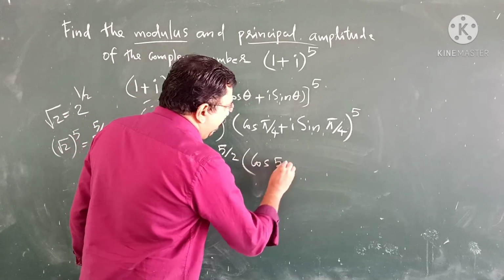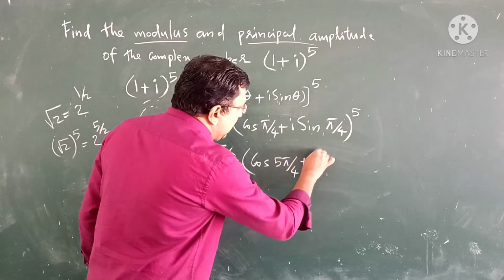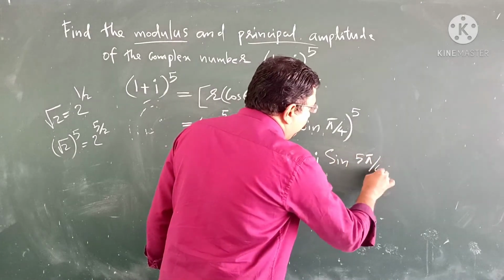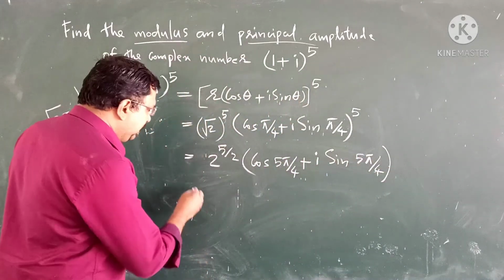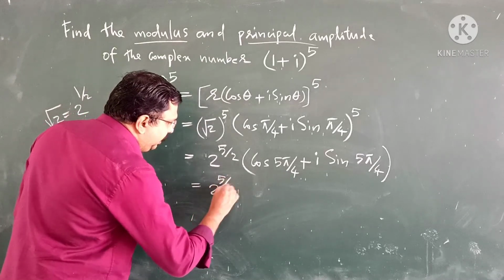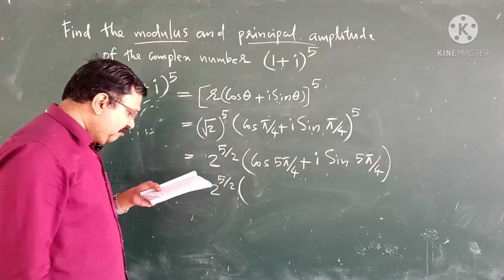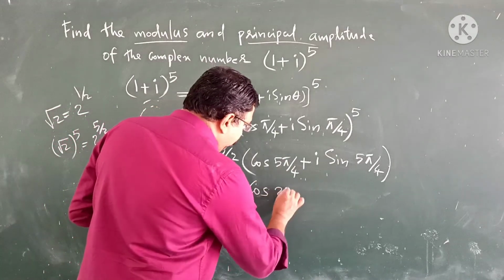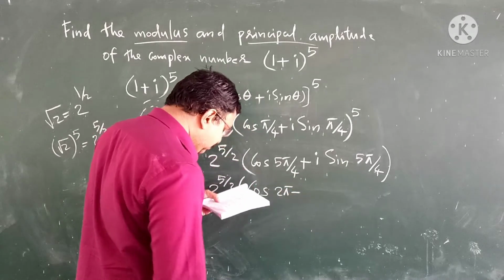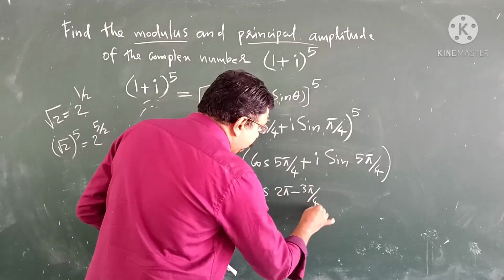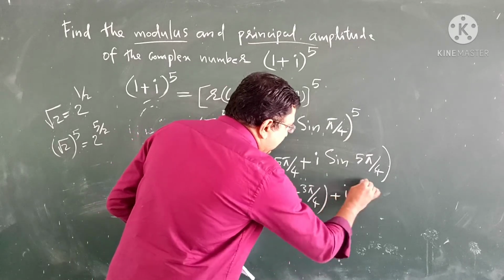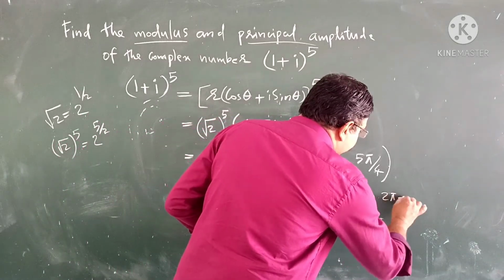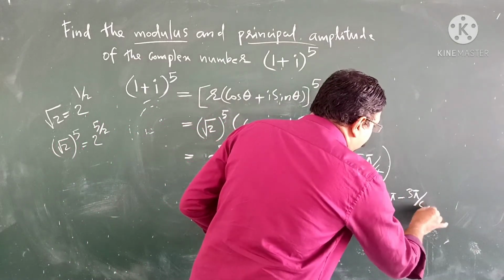cos 5 pi by 4 plus i sin 5 pi by 4. That is equal to 2 raised to 5 by 2 into cos 5 pi by 4, which can be written as cos of 2 pi minus 3 pi by 4, plus i sin of 2 pi minus 3 pi by 4.